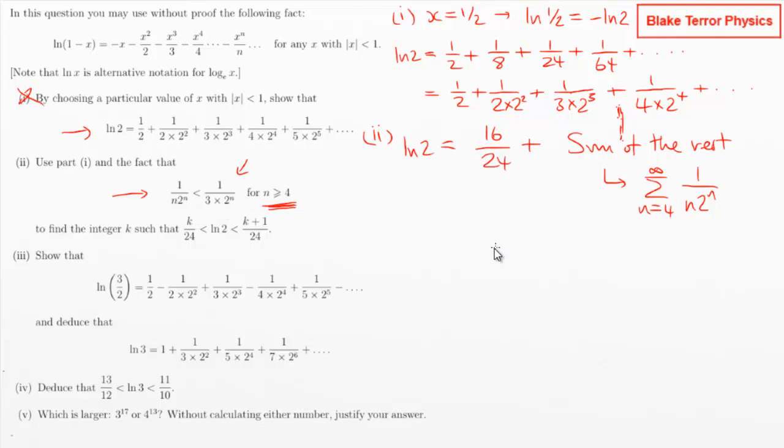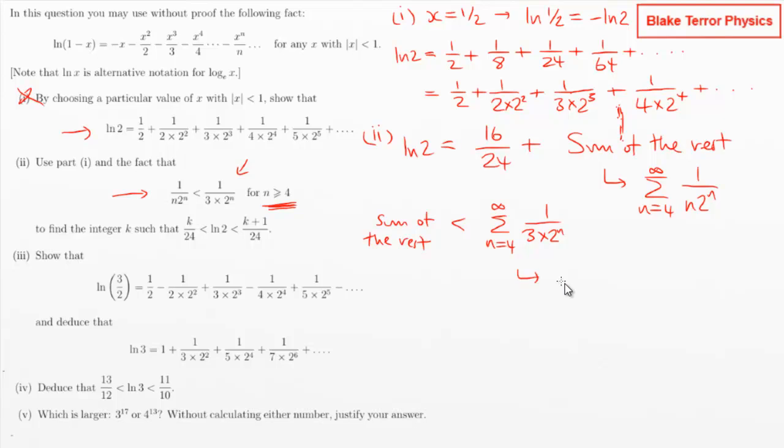If we change this other fraction that we've got here in this inequality, that will make sense then. So the sum of the rest is going to be less than the sum from n equals 4 to infinity of 1 over 3 times 2 to the n.